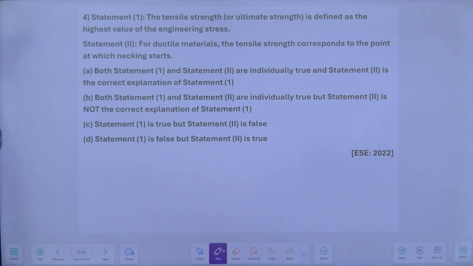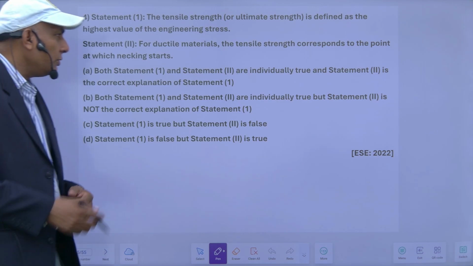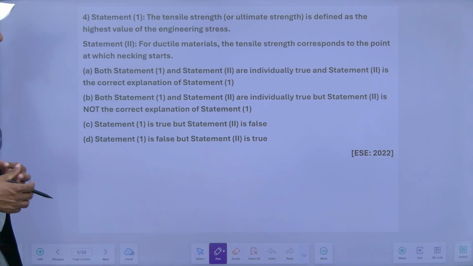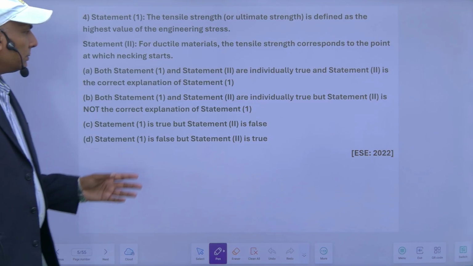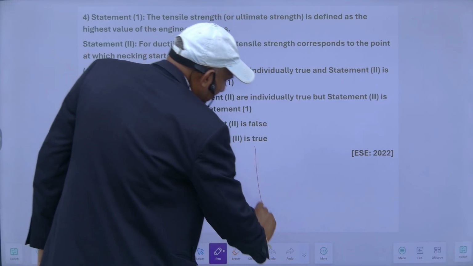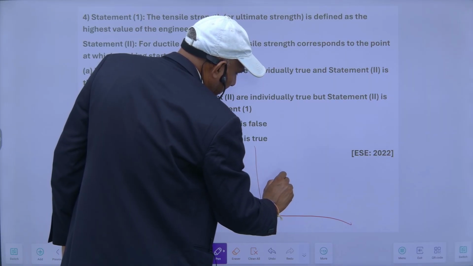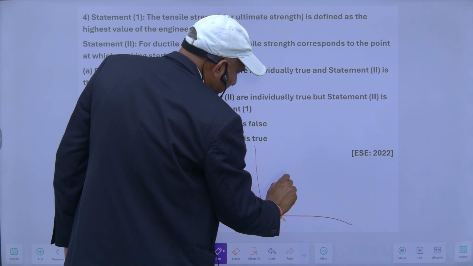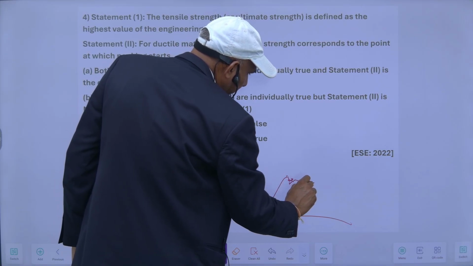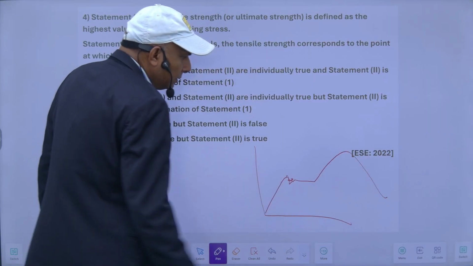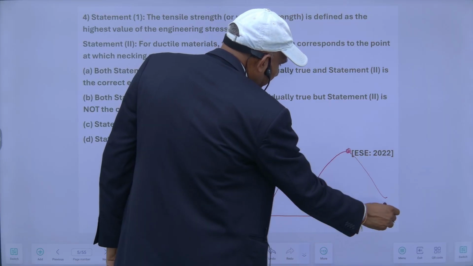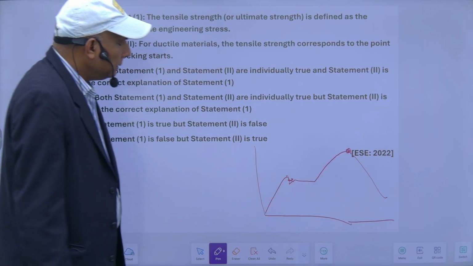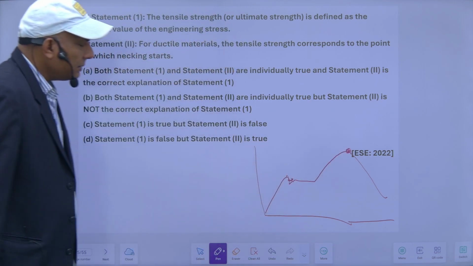Next, the statements. Statement 1: the tensile strength or ultimate strength is defined as the highest value of the engineering stress. Statement 2: for ductile material, the tensile strength corresponds to the point at which necking starts. So this is my curve, and this is the ultimate point, and at this point necking starts taking place.